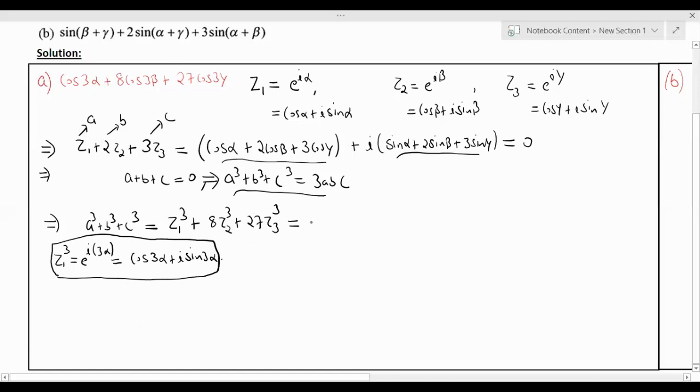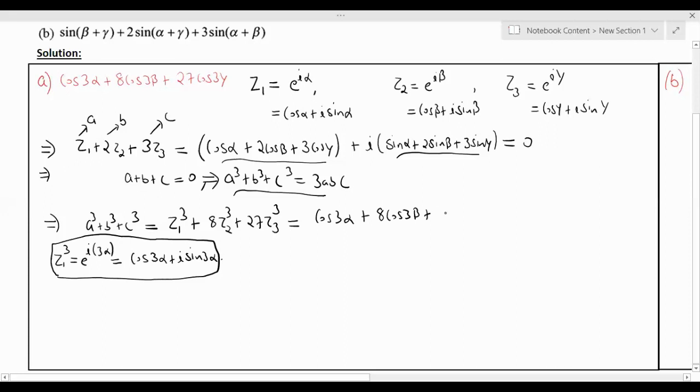So I'm writing it again, separating it into the real form as well as the imaginary form. So what do we have? If I write Z1 cube, you will have cos 3 alpha as the real part. Similarly, if you write Z2 cube, you will have 8 times cos 3 beta. Observe this very carefully.